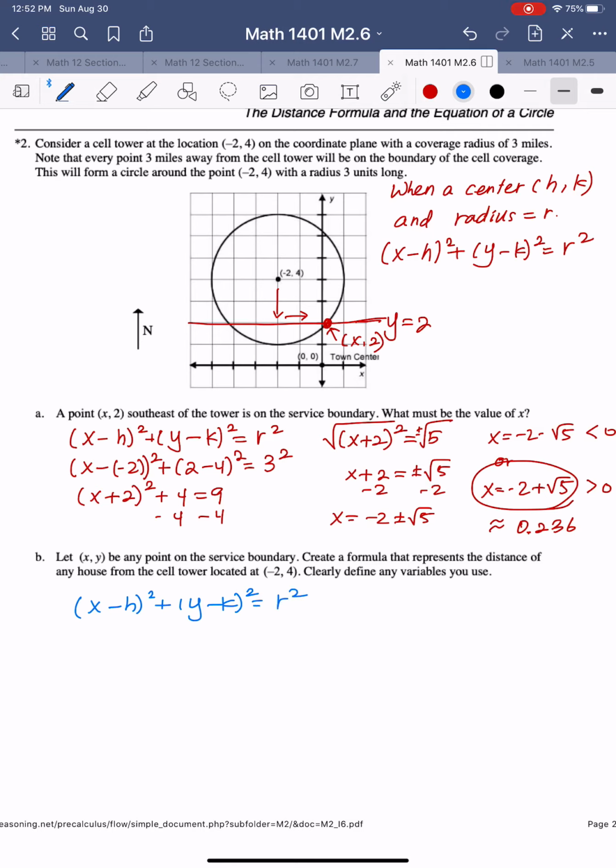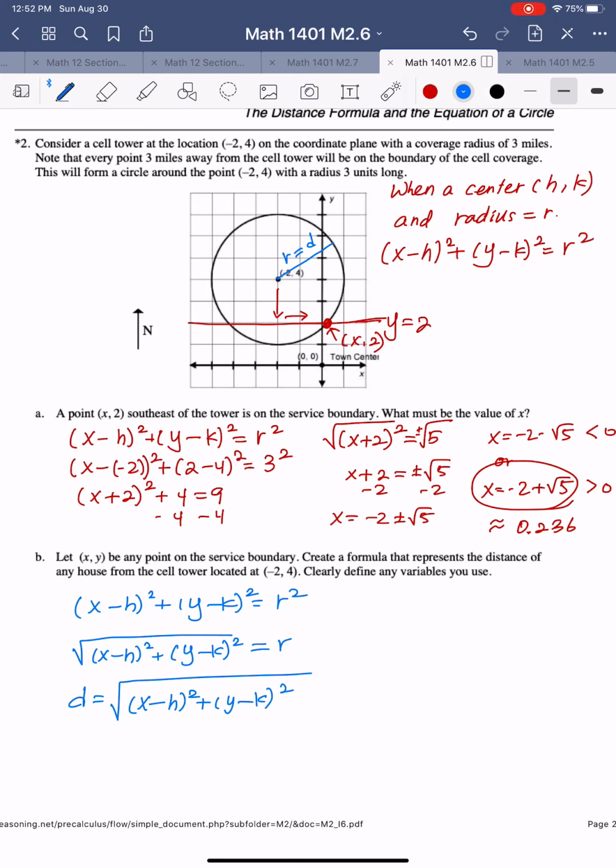But r is the radius, so when you solve for r, you just need to put the square root on, which is the square root of x minus h squared plus y minus k squared. The radius is exactly the distance from the center to the edge of the circle, right? You can call it the distance formula too. So d is also the square root of x minus h squared plus y minus k squared.